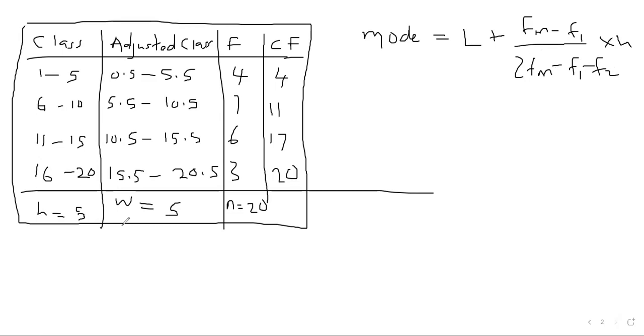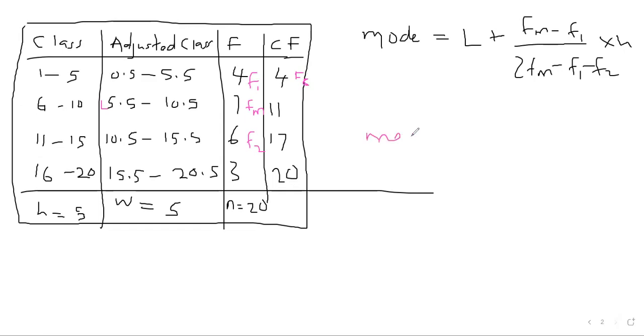So you go to the frequency column and identify the highest number, that is your Fm. So Fm is 7. Above it is F1, below it is F2. The lower bound comes from the same line as Fm. Then Fc is the cumulative frequency on the same line as F1.